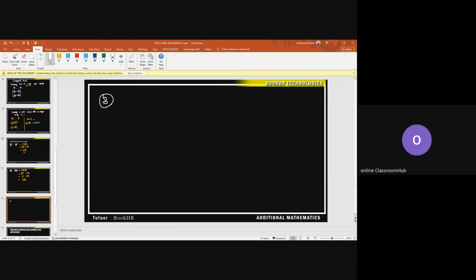Number 3. We are simplifying the square root of 420. So we have to first express it as a product of two numbers, but one should be a perfect square.